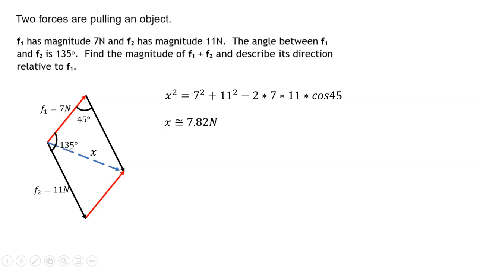Can anybody suggest a way I could find that angle? Let me mark it off on this thing as to what angle I'm talking about. I'm trying to find this angle right here. Remember, 135 goes all the way around between the two of them, but I'm just trying to find one piece of it.